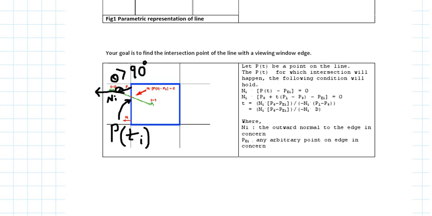So now find the dot product between these two vectors. That means find the dot product between Ni and PT minus PE.